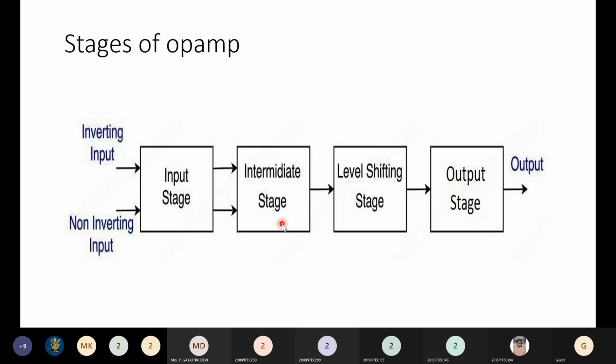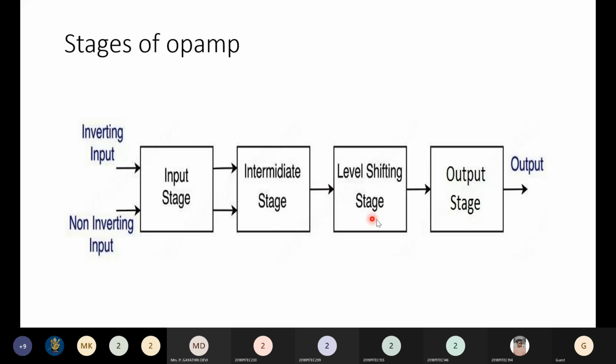Second stage, the intermediate stage, here we'll have dual input unbalanced output differential amplifier, cascaded stages. This is in order to improve the voltage gain to a very high level, and all these cascaded stages will not have any coupling capacitor, and therefore both AC and DC will get amplified at this stage.